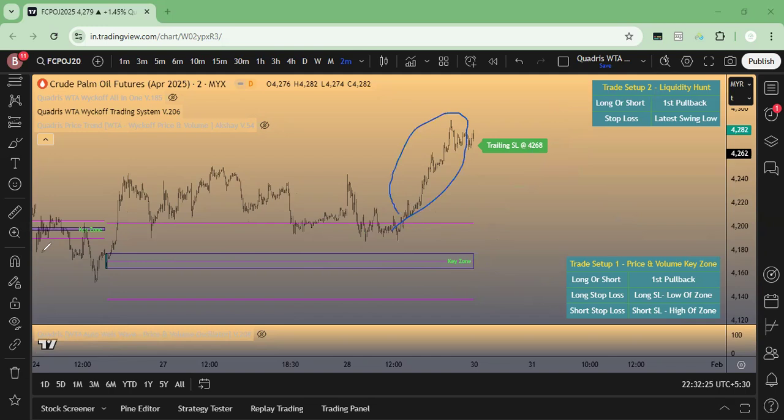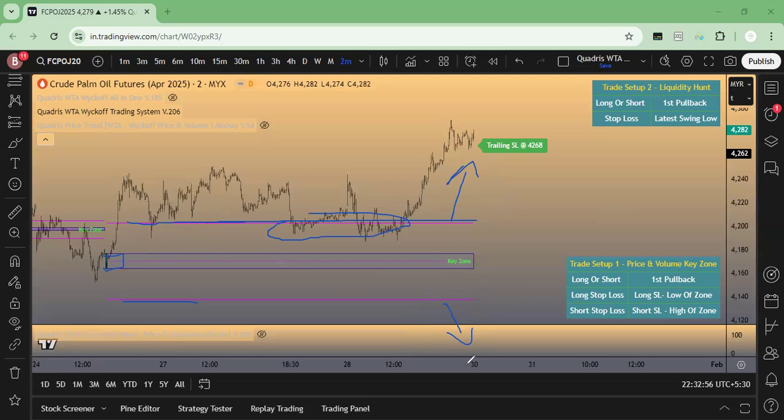So for example, FCPO after 24th, we got a level formed, we got a market bottom and a market top. Look how market top is getting respected. Why is this market top getting respected? Anything above this would be a bullish market.